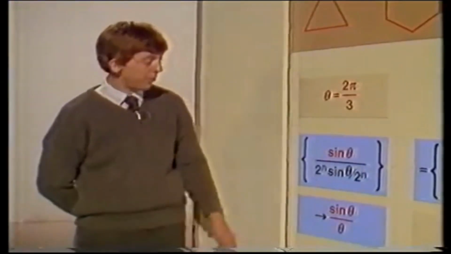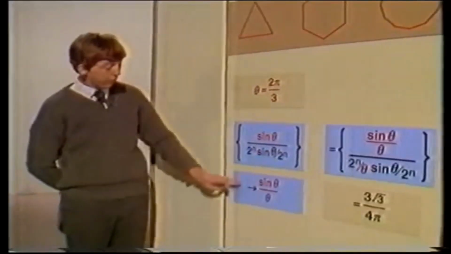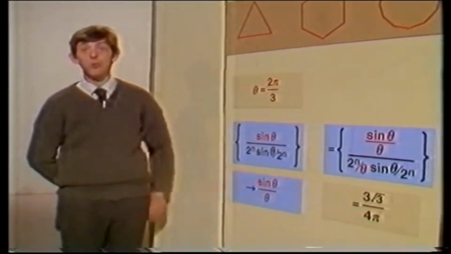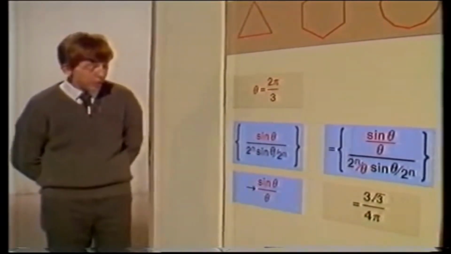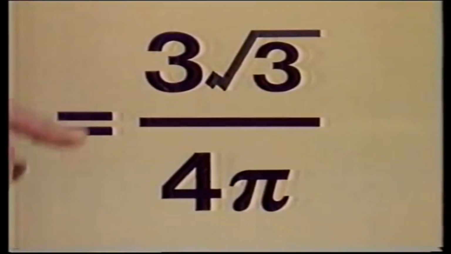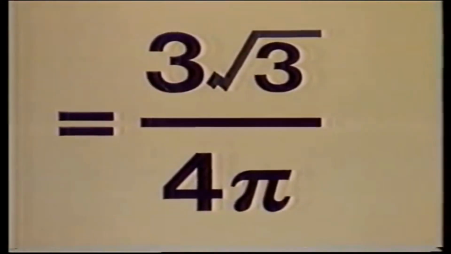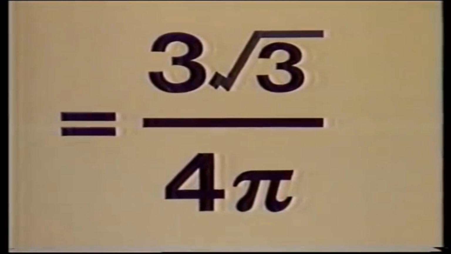That means we can find the limit of this sequence. It's sine theta over theta when theta is equal to 2 pi by 3. Well, sine of 2 pi by 3 is equal to root 3 over 2. And so the limit is 3 root 3 over 4 pi. And that's approximately 0.41.